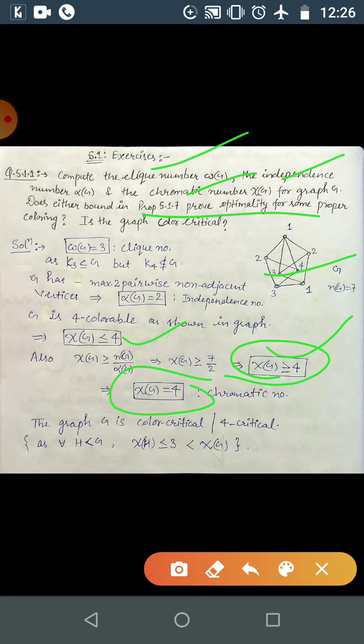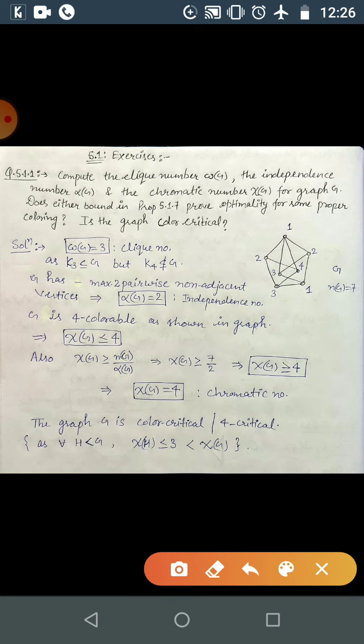And here a 4-coloring means at most it can be 4, so by using this we have got the chromatic number as 4. Now we need to determine whether this graph is color critical or not, that is, for all the subgraphs of this graph G, the chromatic number of those subgraphs is strictly less than the chromatic number of G. Is this happening?